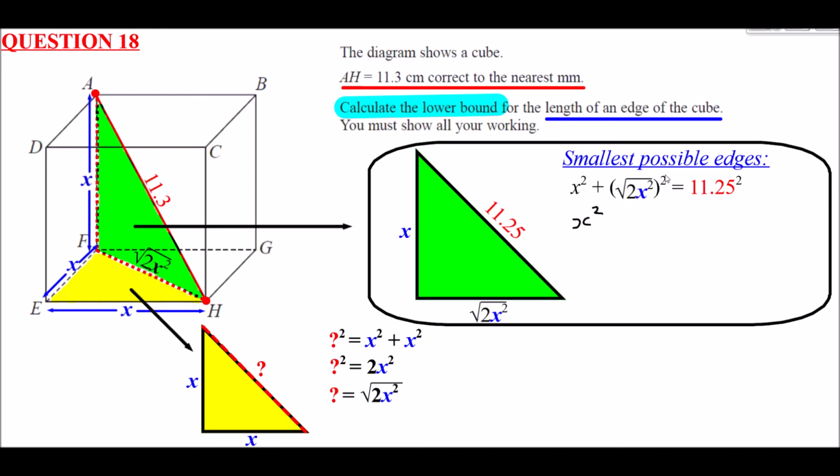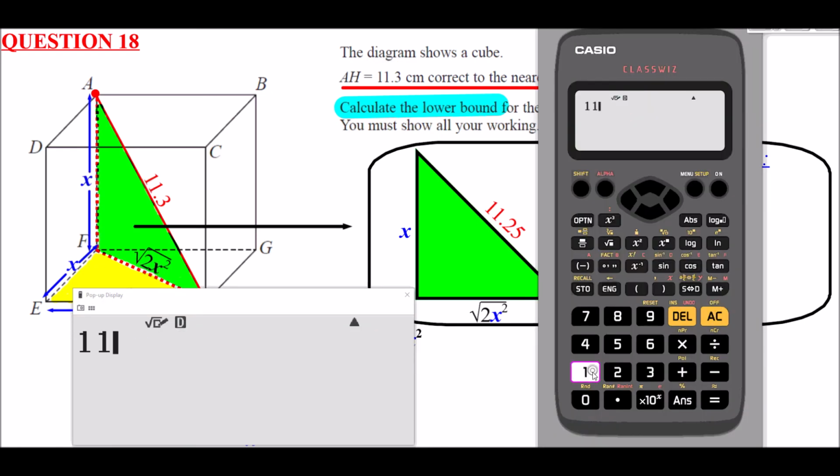So essentially the squaring cancels the square root, if you like. So we're just going to be left with 2x squared. And that's going to equal 11.25 squared. If you want to, you can calculate what 11.25 squared is at this point. You don't have to, but if you do, that's no harm. So that gives us 126.5625.